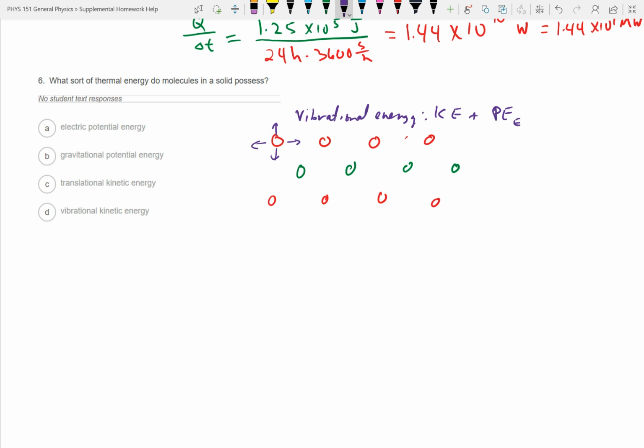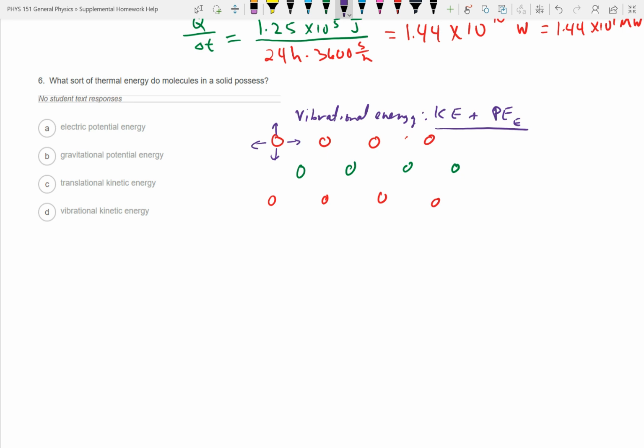It's the electric force. It's an electromagnetic force. And so the change in the separation is going to cause a change in the potential energy associated with the electrostatic force. And so the vibrational energy has both of those pieces.